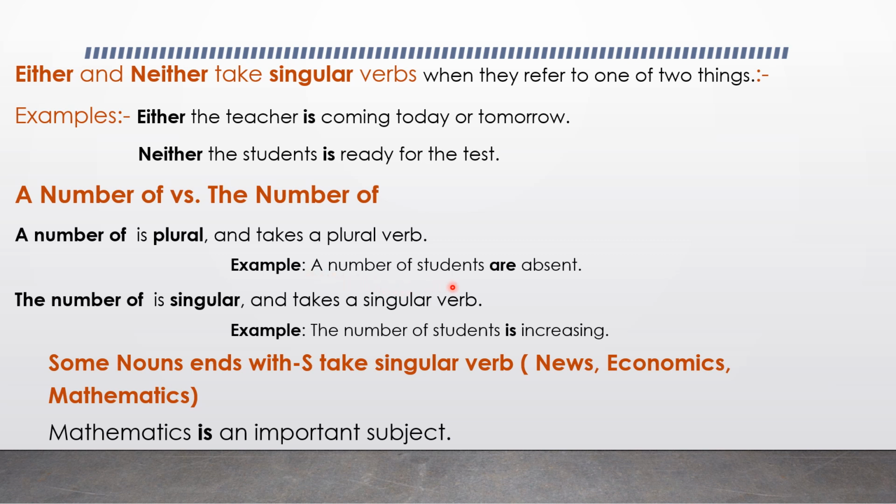A number of students are absent, and the number of is singular. For example, the number of students is increasing. So ये ध्यान रखना, when the subject is a number of, plural; the number of, singular.